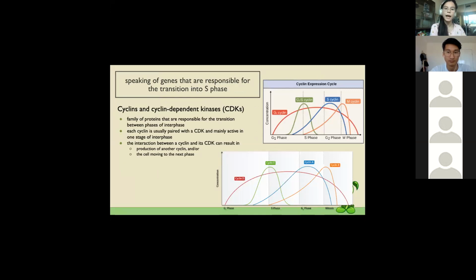All you really need to know is that each phase of the cell cycle will have one cyclin and one CDK that are active mainly in that phase. Each cyclin will have one CDK paired with it, and the function of these pairs will basically be resulting in production of another cyclin, which then prompts the cell to move on to the next phase.